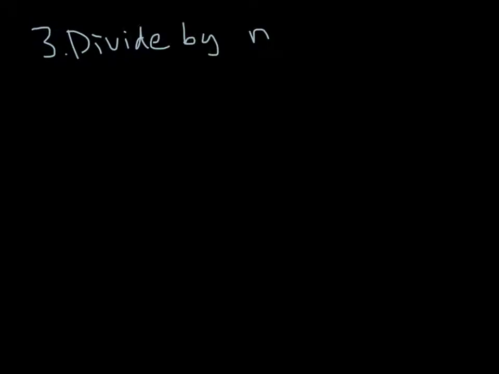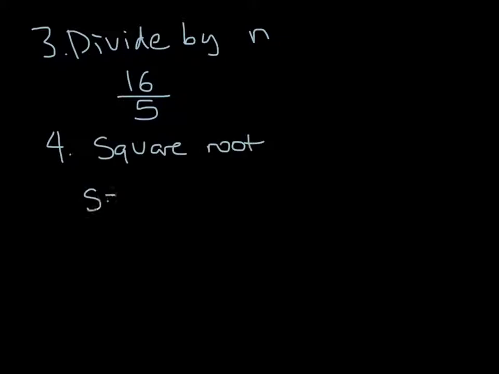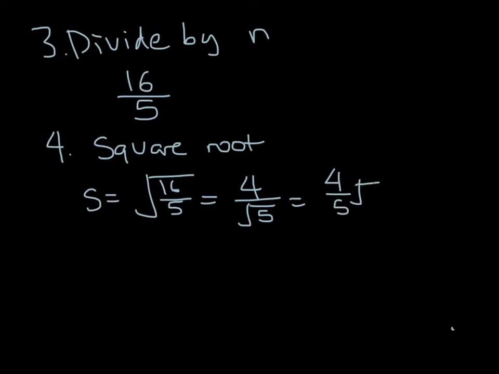So where we had 16, we're going to just take that and divide it by 5. And then the final step is take the square root. So s equals the square root of 16 over 5, or if we wanted to simplify that, 4 over the square root of 5, or 4/5 times the square root of 5.